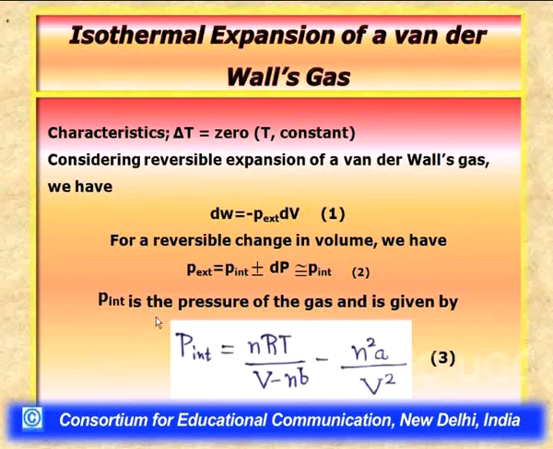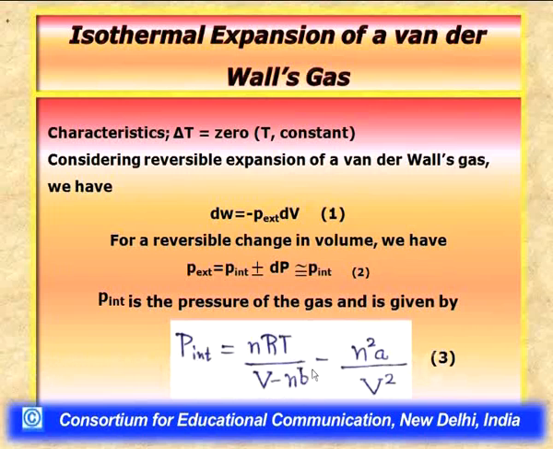And now, it is the van der Waals equation of state that we can make use of to quantify the internal pressure, that is nRT by V minus nb, where n is the number of moles, R the gas constant, T the temperature, V the volume, and b represents the term corresponding to excluded volume.